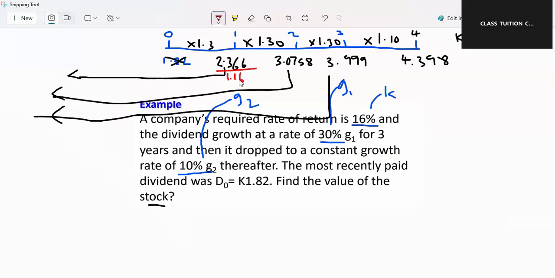When you discount this one, divide by 1 plus R, 1.16 to the power 2. You discount this, the present value, remember topic 1, 1.16 to the power 3. We want to find the value of stock now. So let's discount these and add them up.